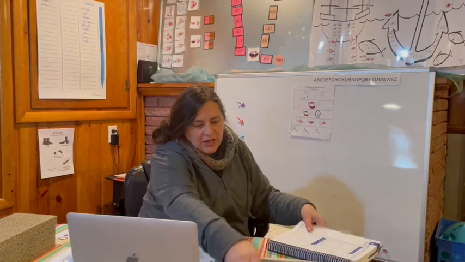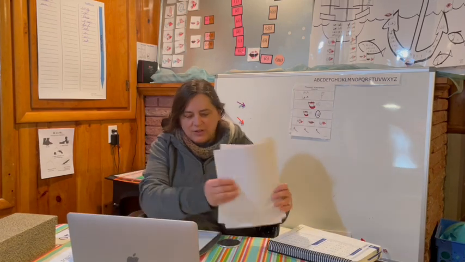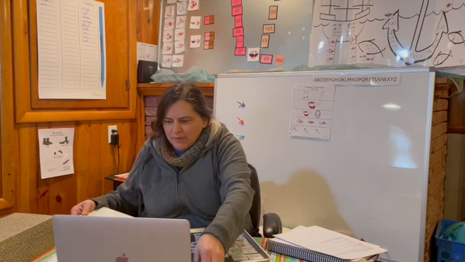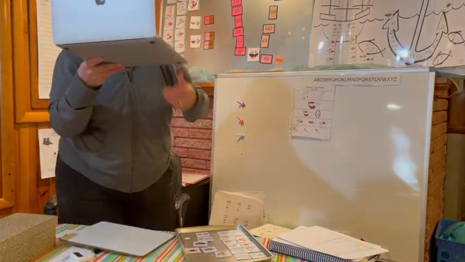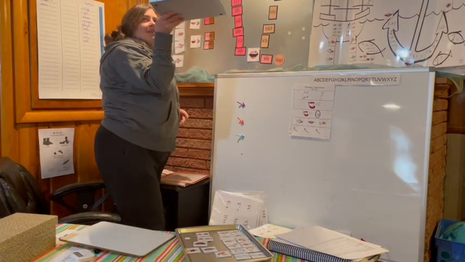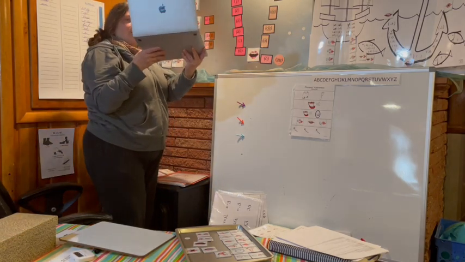I'm going to use a cookie tray also so that I can hold it closer to the screen with you. Before we do that, we should review our sound pictures though. I'm going to take you to my sound picture board so we can review the big chart with you, and you can look at yours also.